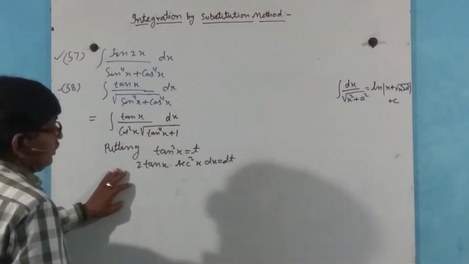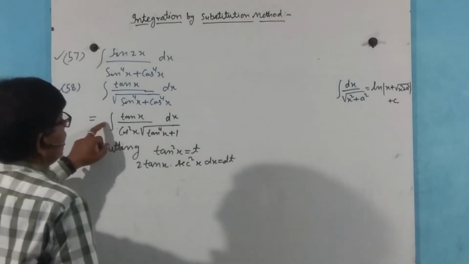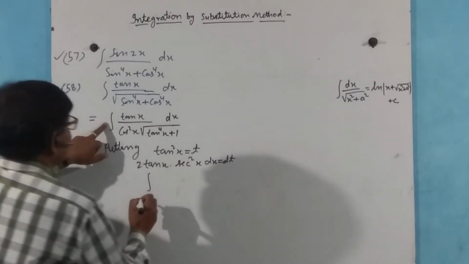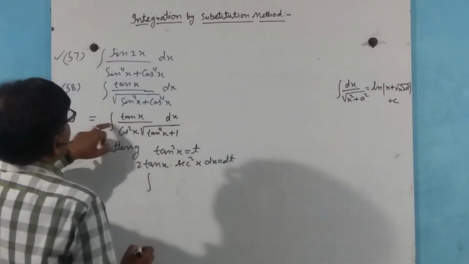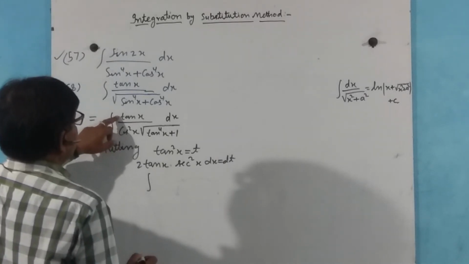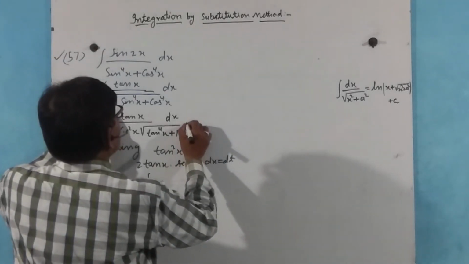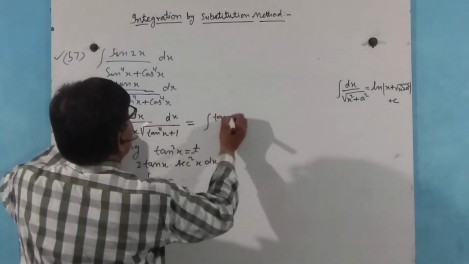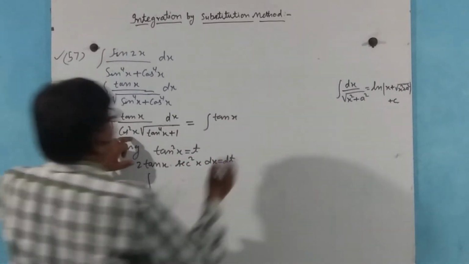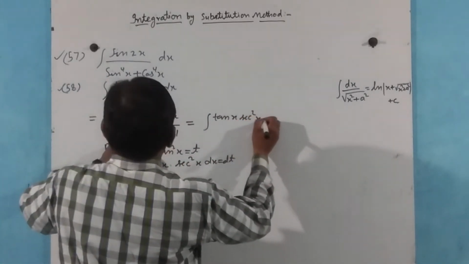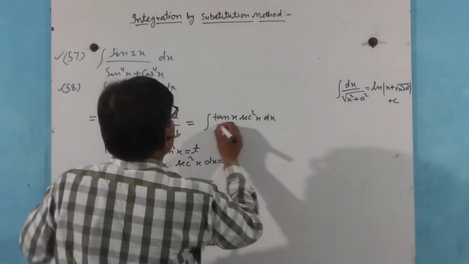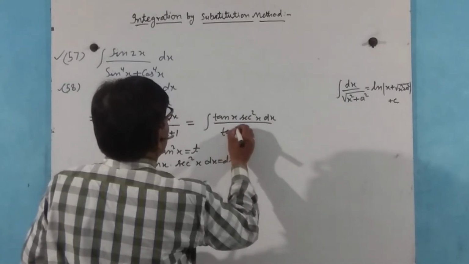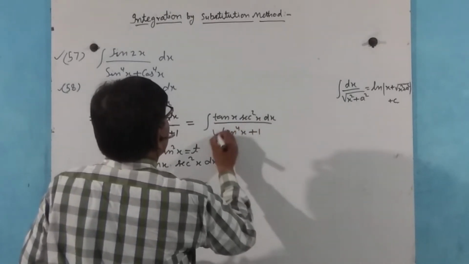So this integration will be tan x and 1 by cos square x, that is sec square x dx, divided by under root tan to the power 4 x plus 1.